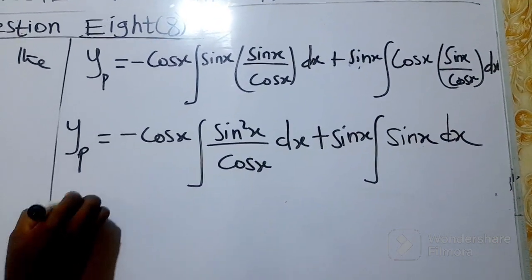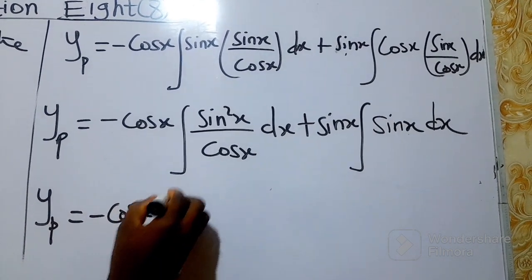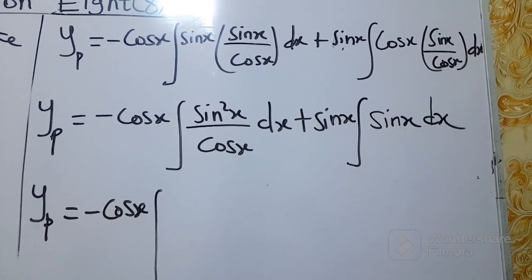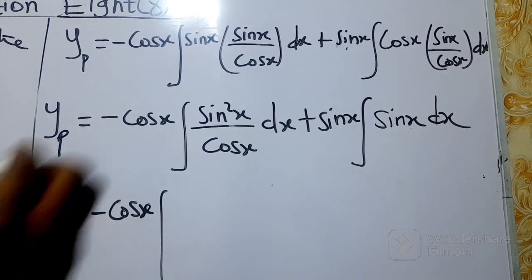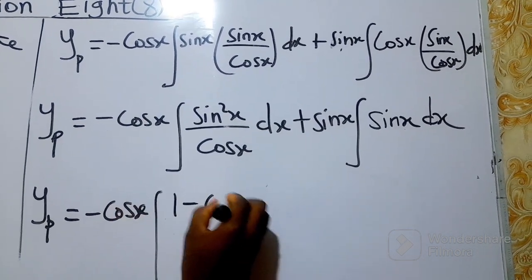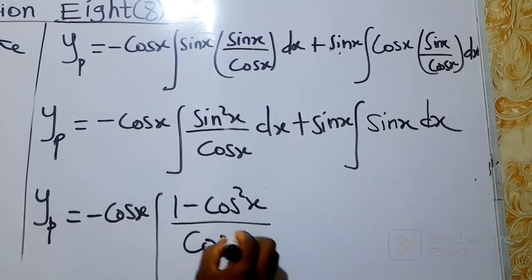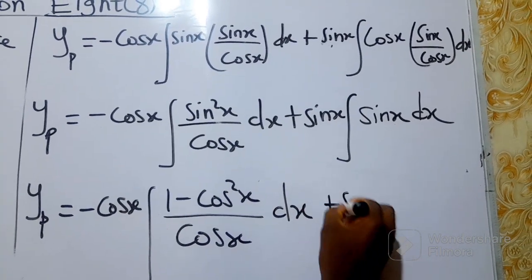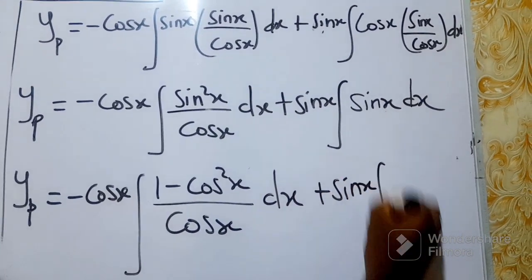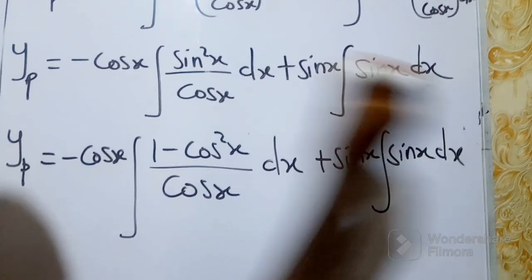So we can rewrite this as negative cos x integral of, so remember, sine square x will be 1 minus cos square x all over cos x dx plus sine x integral of sine x dx.